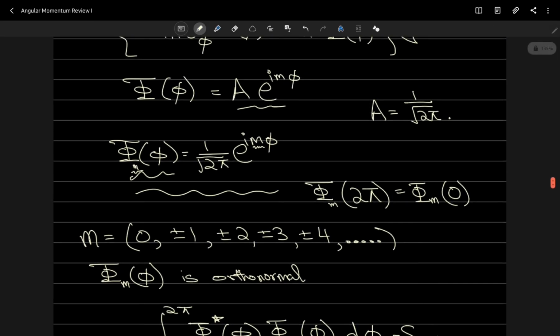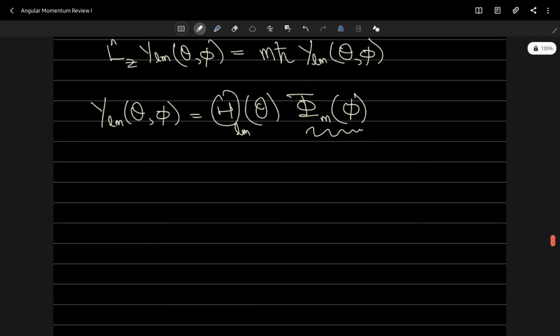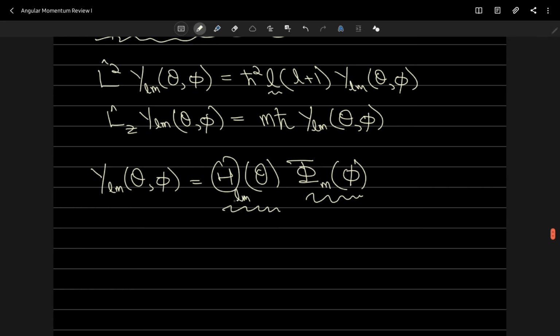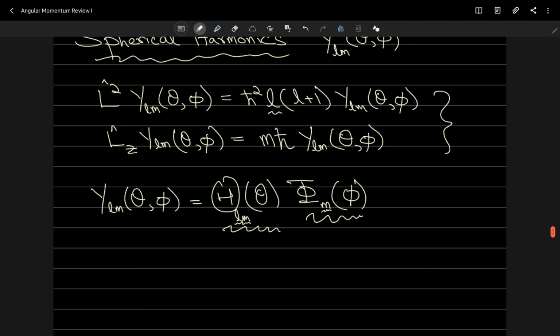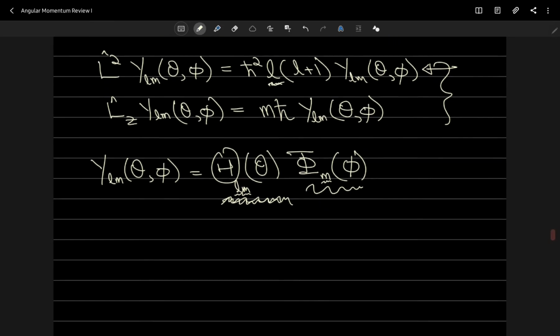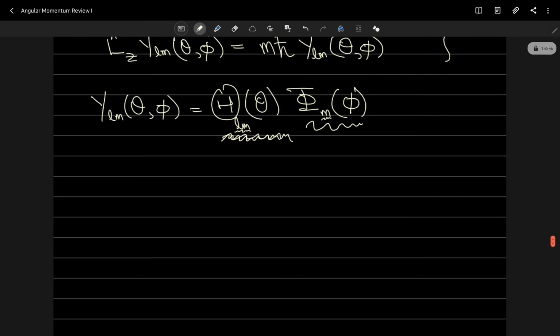The task now is to figure out what this function would be. We have L and m both in this one, and this was with just m. So which of these two equations should I solve? Well, I have L in this one and I don't have any L in the other, so I have to solve this one to figure out these functions. So let's go ahead and do that.